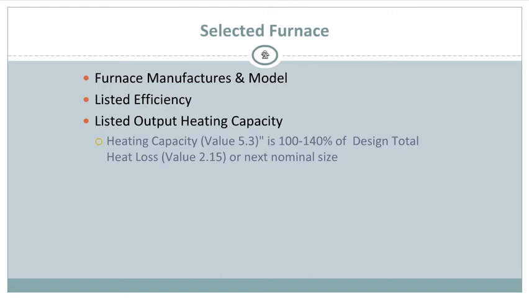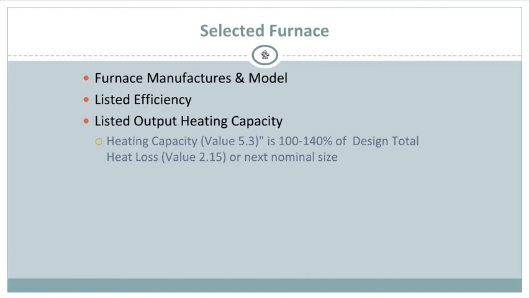As of 2015, any furnaces that are going to be sold have to meet a minimum of 80% AFUE. AFUE stands for Annual Fuel Utilization Efficiency.